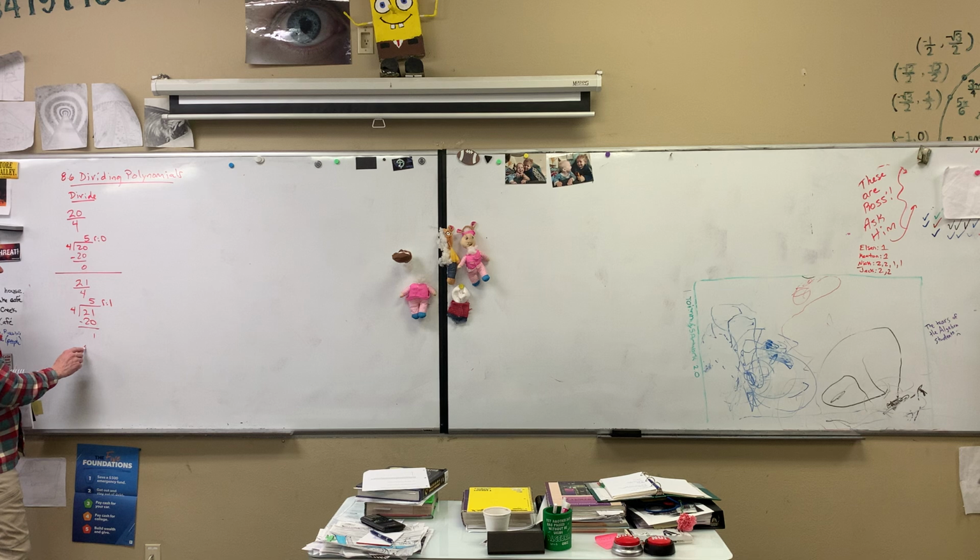Or you wrote it as 5 plus the remainder over the divisor, which is 5 plus 1/4. You could also write that as 5 1/4, like that, okay? And the reason why I show that is today we may end up writing some things like that, 5 plus the remainder over the divisor.